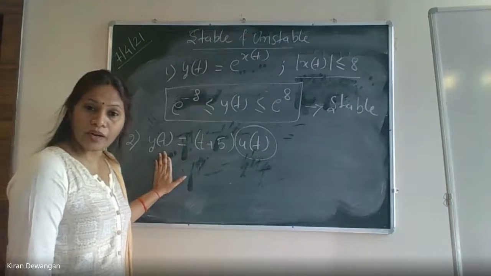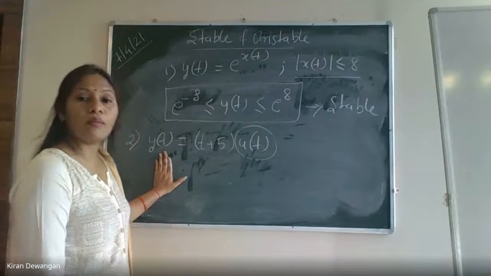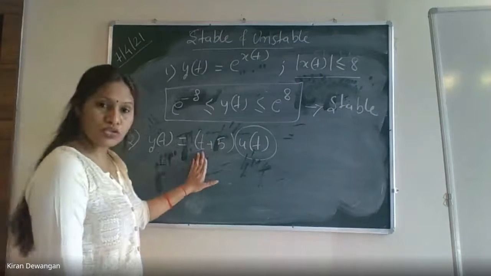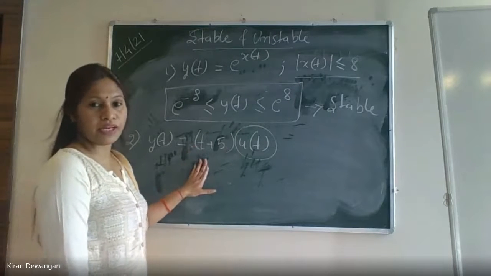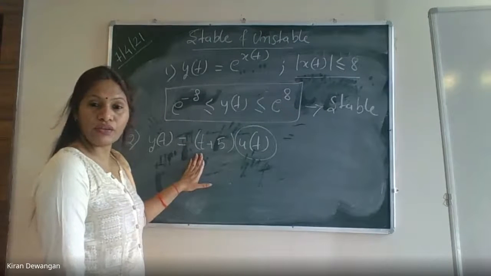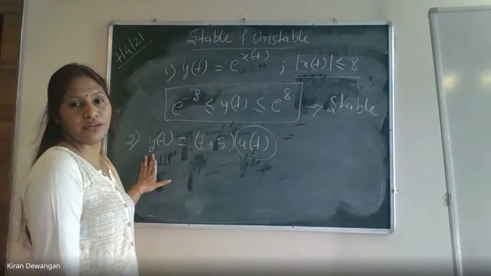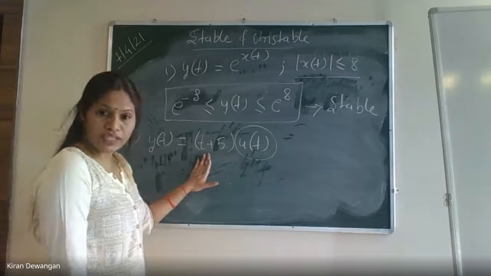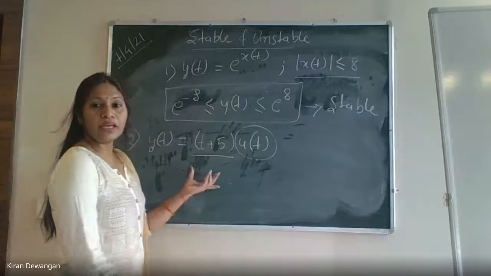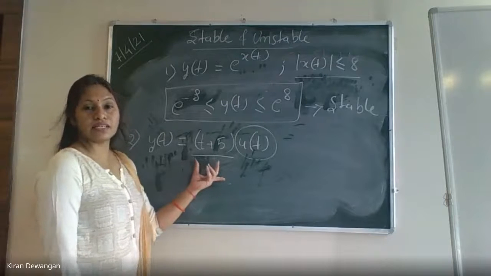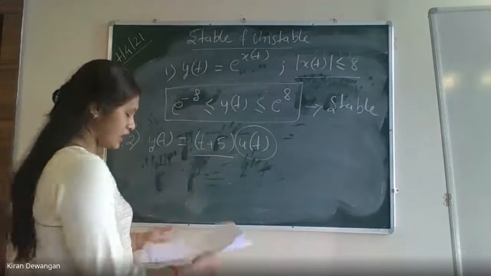Are you getting y(t) bounded or not? y(t) will not be a bounded signal because as we increase the value of t, it will become unbounded. So as t tends to infinity, y(t) tends to infinity, and hence because of that t plus 5 factor, it will be unbounded and hence it is unstable. Clear? So that is how we check.